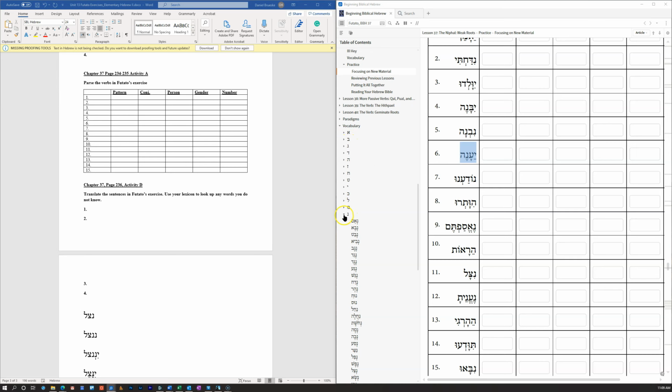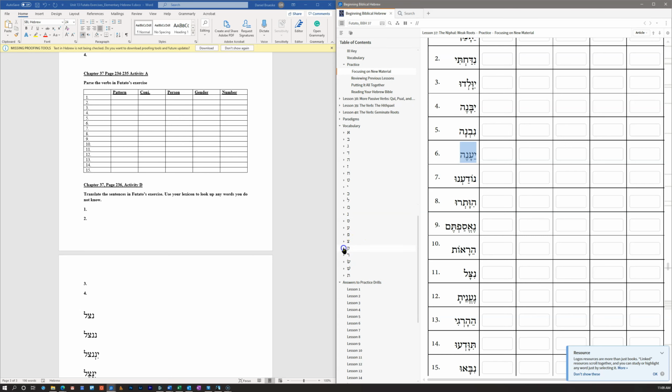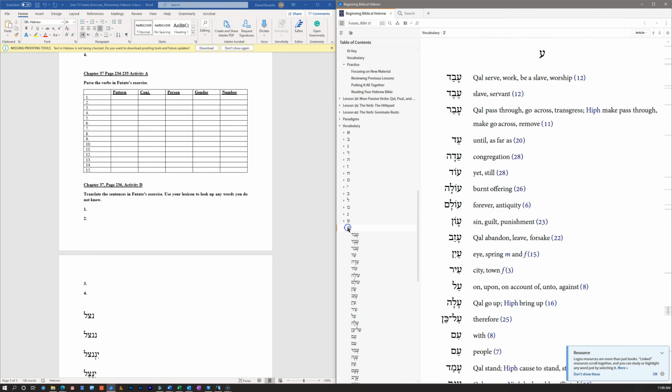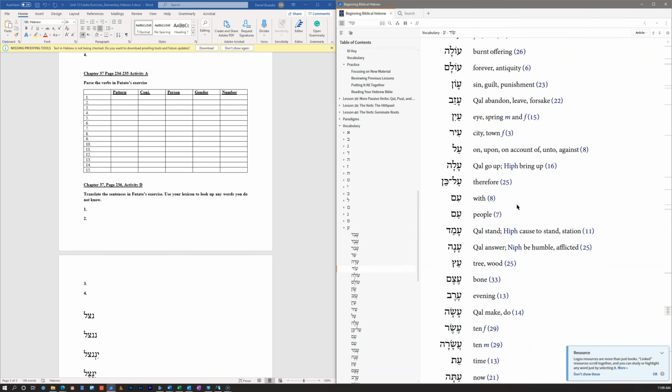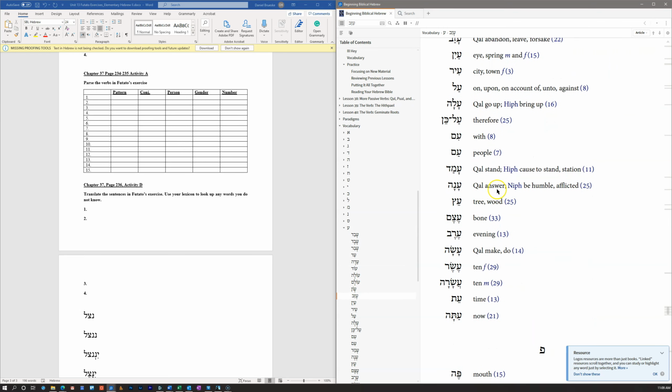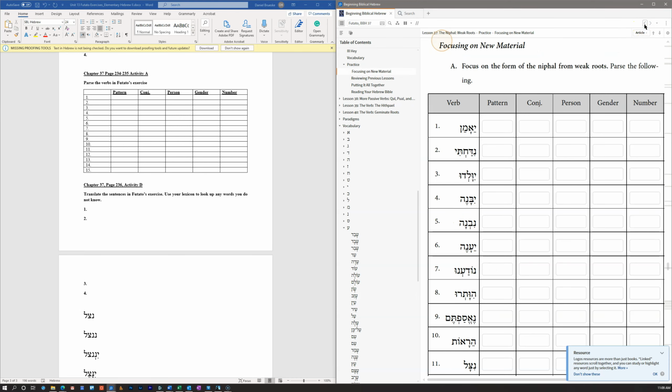Let me just go to my vocabulary list here. I think Ana is answer. There we go. Answer, or in the Niphal, to be humble or afflicted. That's important to remember, because chances are we're in the Niphal here. So to be afflicted or to be humble.